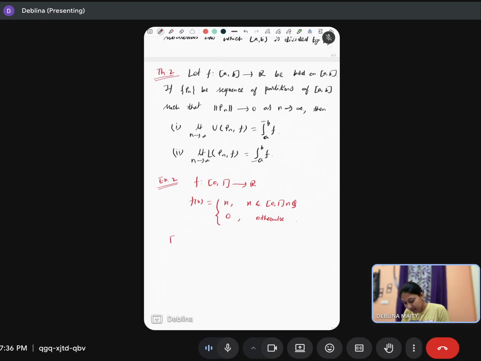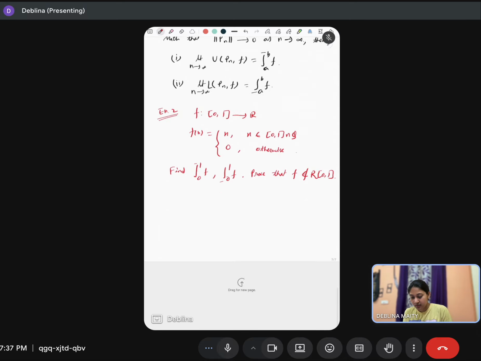Then we have to find the upper integral and lower integral of f, and we have to deduce if it is Riemann integrable or not. So we'll also have to prove that this f does not belong to R[0,1], meaning f is not Riemann integrable, right?